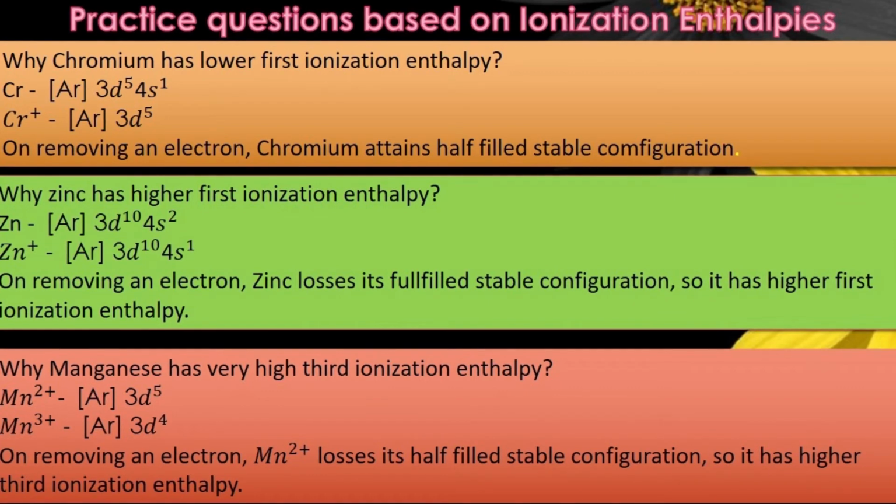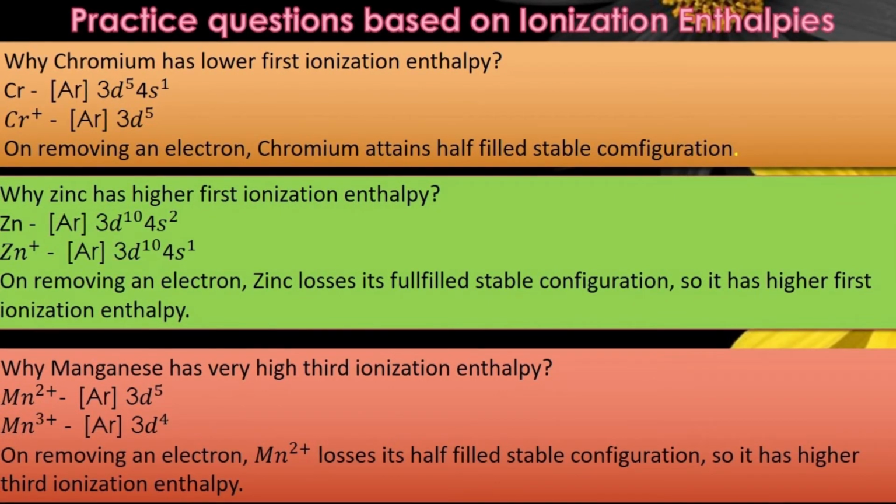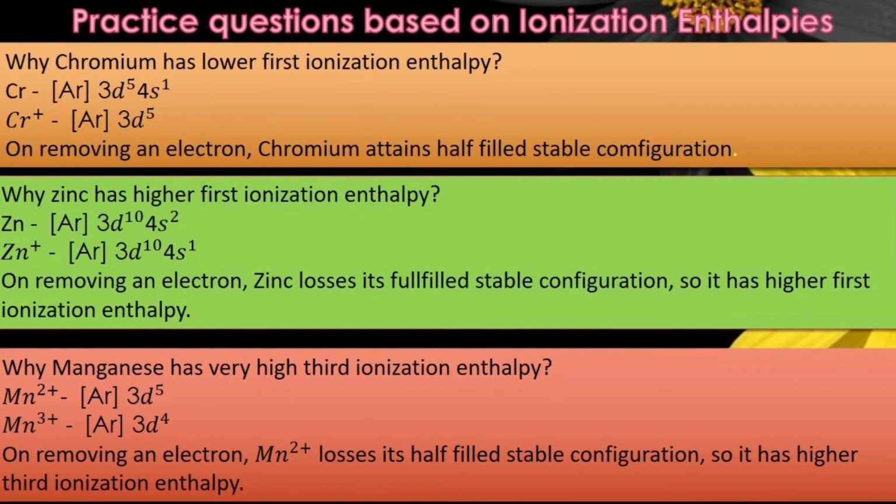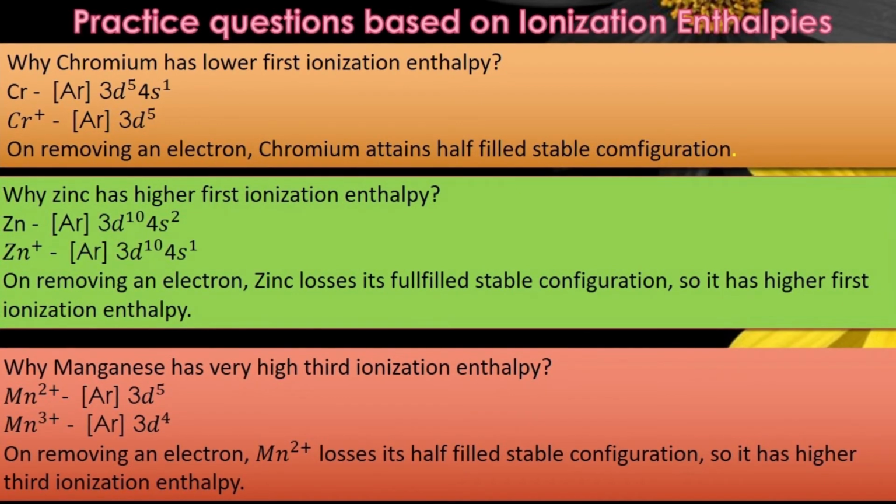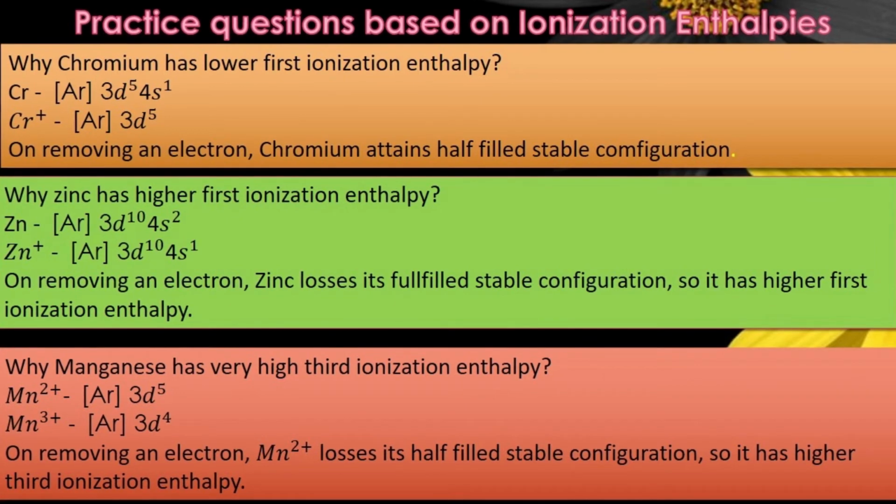So chromium will have the tendency to lose an electron to achieve the half-filled stable configuration. Hence, it will have lower first ionization enthalpy.